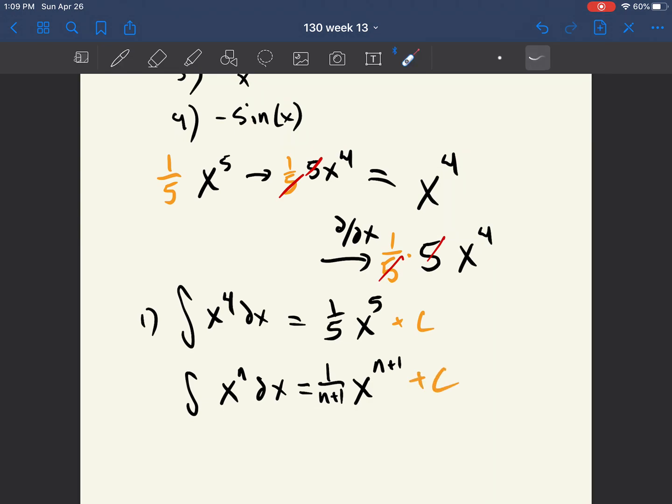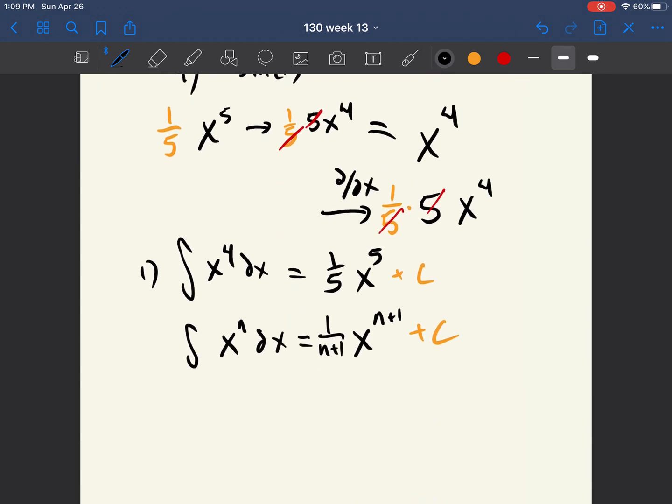And then, of course, you have that plus c. If you look here and here, the 1/5 x to the fifth is exactly this part: 1 over n plus 1, x to the n plus 1. So if you're integrating or finding the antiderivative of x to the n, you just add 1 to the power and divide by the new power.